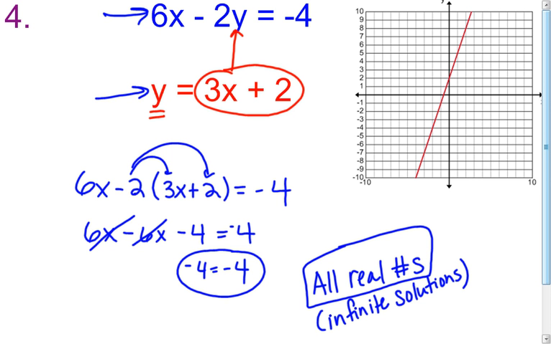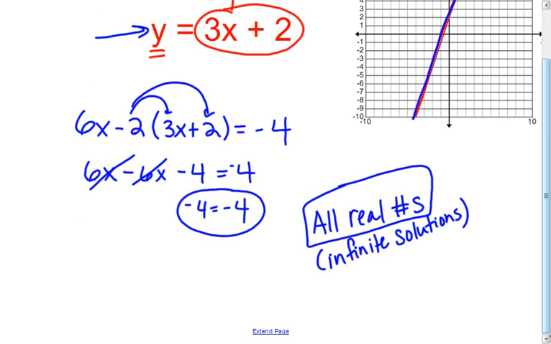So the computer program I used to create it, you can't see it, but the line that's right here, this red line, is the equation y equals 3x plus 2. The blue line would end up actually lying right on top of it because they are the exact same line. And when they are the exact same line, they intersect in every single spot possible, which is why your answers are all real numbers or infinite solutions.